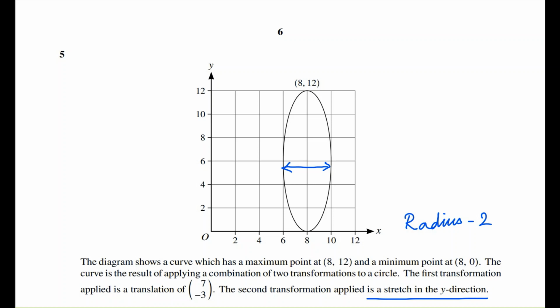So 3 steps if you go down you will get it, because this is the first stretch, this is the second stretch. So this part is the original part and we know the radius is 2. So the circle must be in this part. So this will be the center of the circle. So the coordinate is 8, 2.